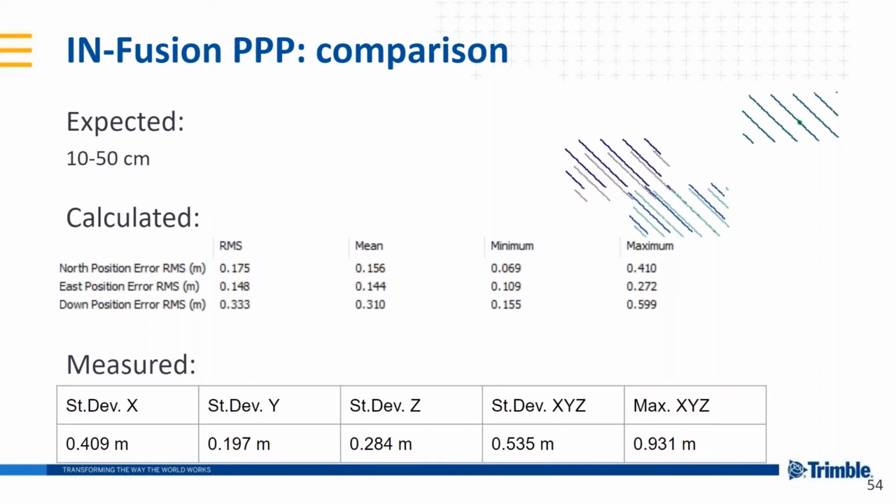For the error RMS, the north and east is within about 20 centimeters, but the standard deviation for X is about 40 centimeters. And the general standard deviation is 45 centimeters and maximum more than 90 centimeters. We can see from the right side, all the target hits are not well overlapped.